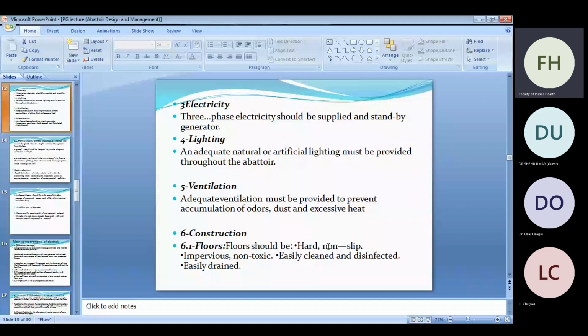It should not be slippery, so that animals cannot easily fall while they are being moved, nor the slaughter workers. It can also be easily cleaned when it is made of this hard material. Good.